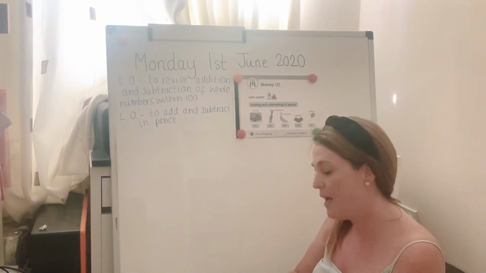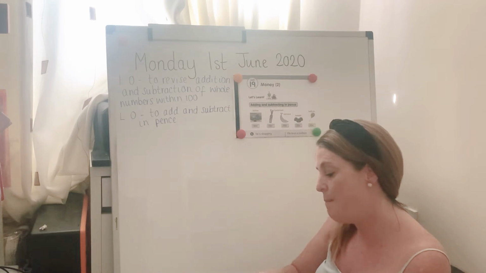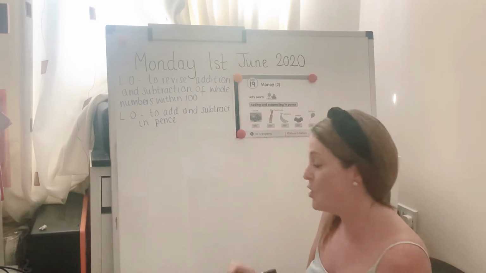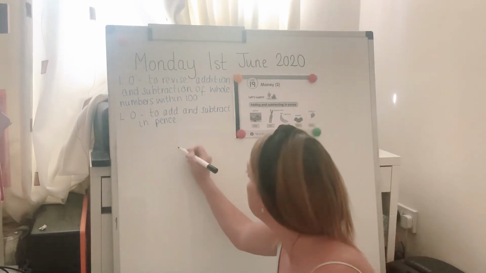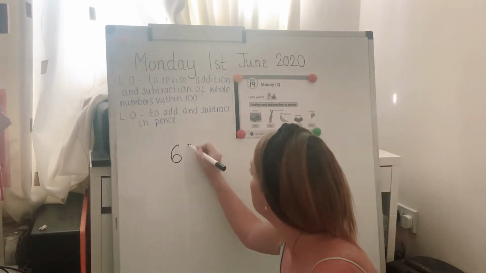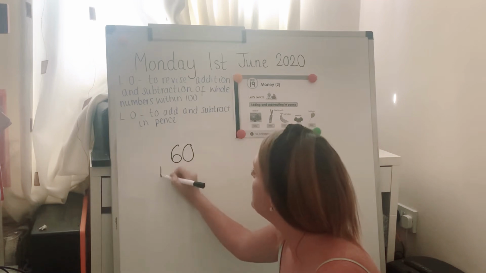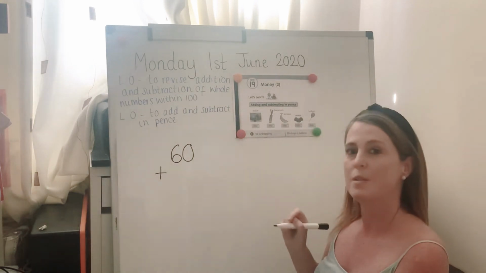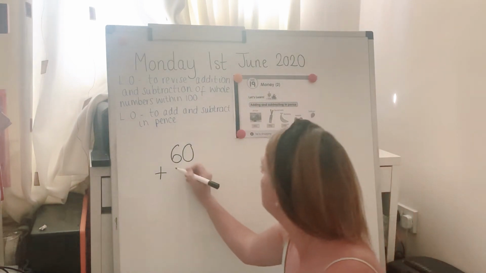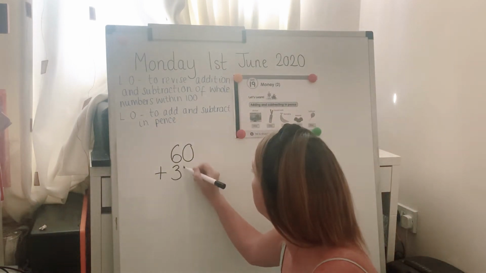Now let's have a think. I'm going to say that Mrs. Clements went to the shop and she bought a sticker, which I know is 60p. And then she decided she wanted to buy some sweets for George and Arthur, and they're 35p.